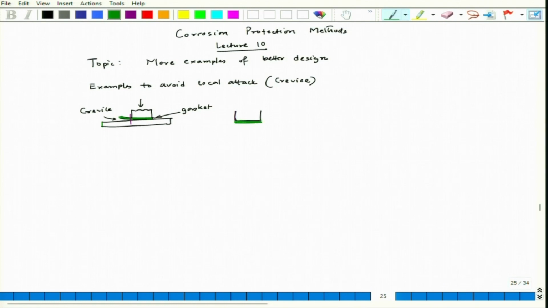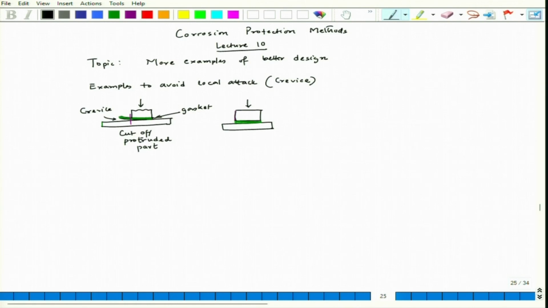This is my gasket, and the rest of the part is okay. We are having load like this. So, what we are doing? We cut off the protruded part. So, this is one such example.